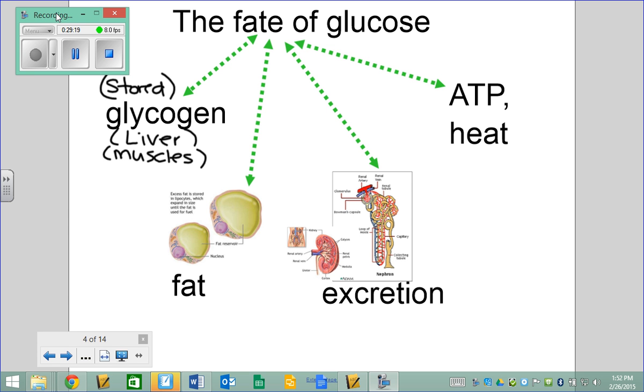Now on the bottom I have fat. So you know, these are fat cells. If you look at a fat cell, what you'll see is a bunch of fat and all of the organelles smushed over on one side. So fat cells could be called lipocytes or adipocytes.